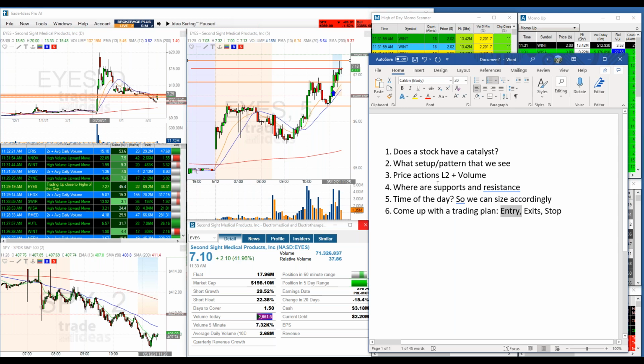So besides identifying the support and resistance, we have to know the time of the day and also ask the question: what phase? I'm talking about intraday, okay?